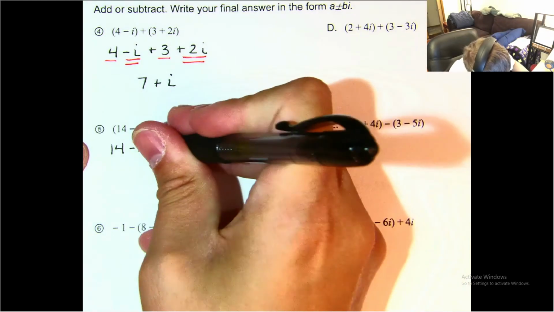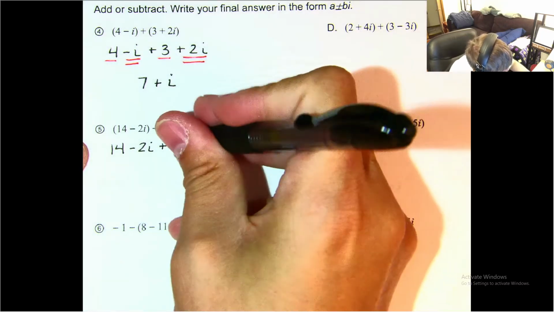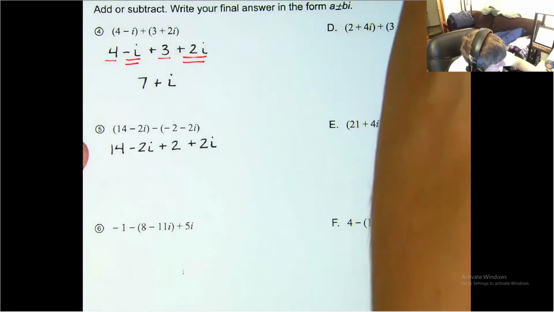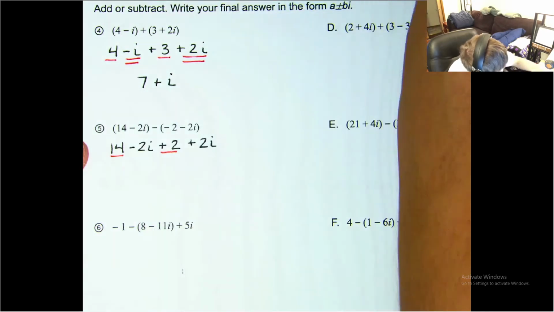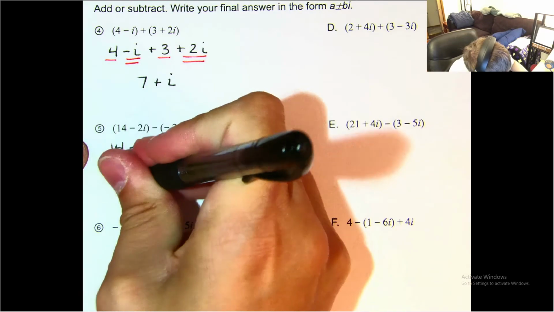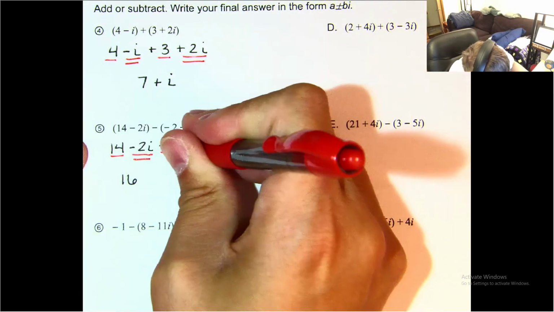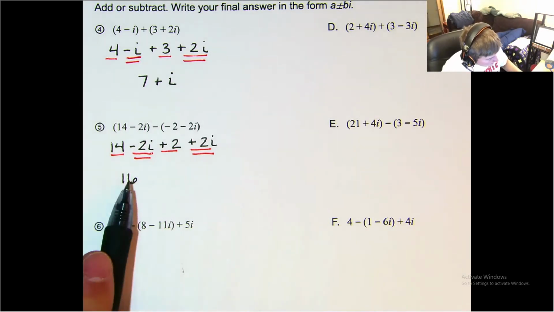Meaning I'm subtracting negative 2, which is adding 2, and I'm subtracting negative 2i, which is adding 2i. And then now I can go ahead and combine my like terms. 14 and 2 is 16. Negative 2i and positive 2i, well, those are opposites, and we already know what happens to opposites when I add them together. Well, they cancel out, meaning that this is just the number 16.